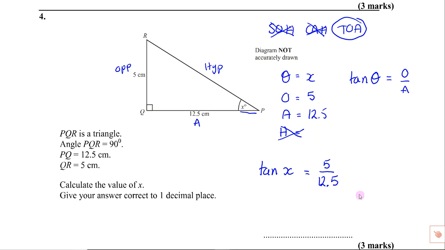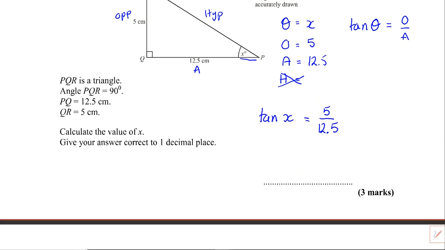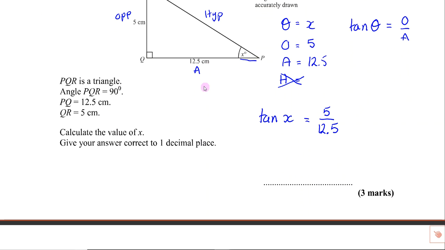Okay? So the button that you are going to use looks like this. If I want to find x, I use the ratio, but what I do is I do what's called the inverse tan of 5 divided by 12.5, the ratio. So instead of using the ratio to find tan of x, I'm doing what's called the inverse tan.